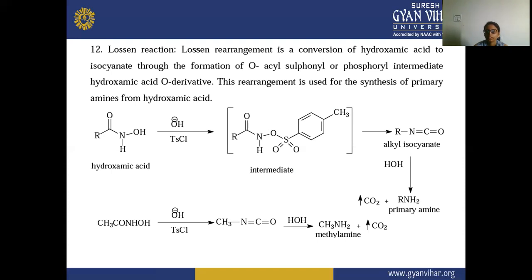So in this case, there is the evolution of CO2. So this is the Lossen reaction. In the Lossen reaction, primary amines are formed. This is the method of preparation of primary amines from the hydroxamic acid.